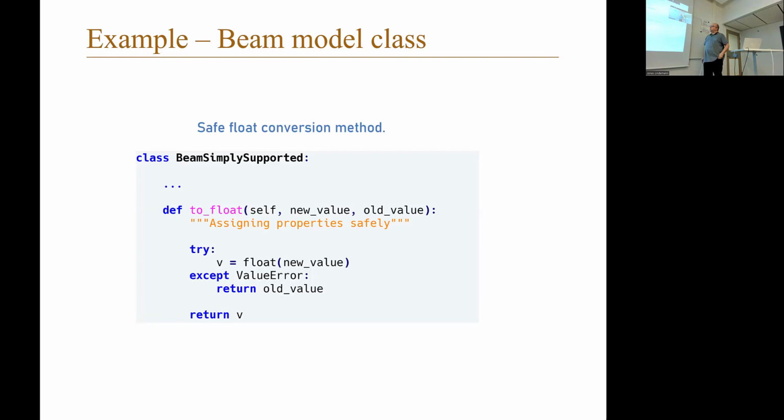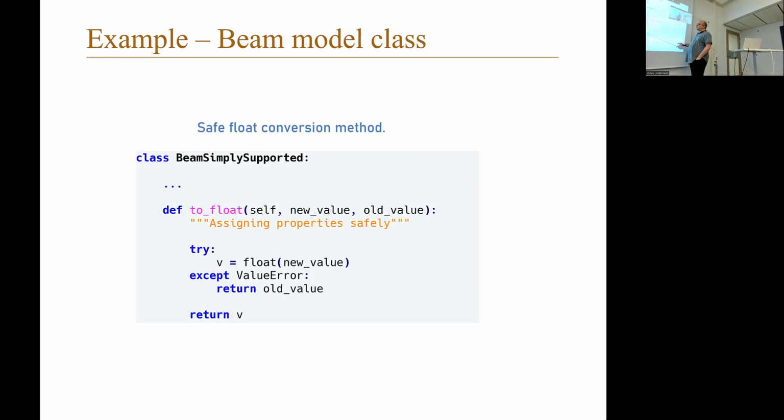Then I will need some way to go from a string to a floating point value without errors. So I have a special method called toFloat. This is the new value I want to assign. I keep the old value here as a safe block. So then I try here, convert float new value.